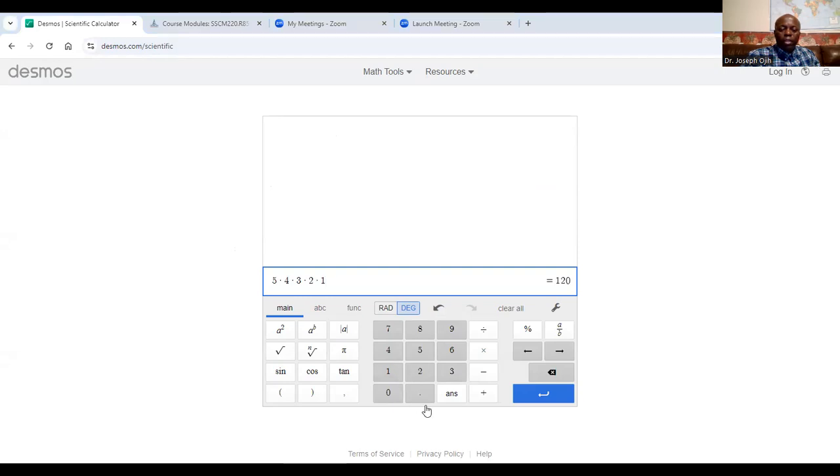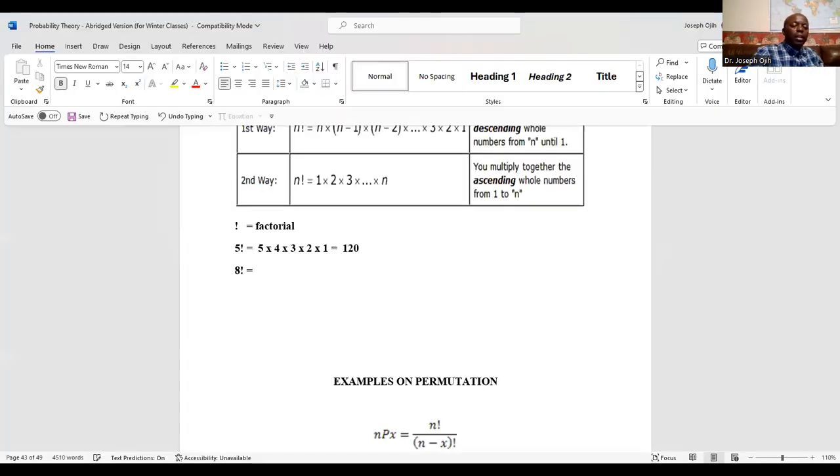So 5 factorial is 120. Then 8 factorial, for example, is going to be 8 times 7 times 6 times 5 times 4 times 3 times 2 times 1.